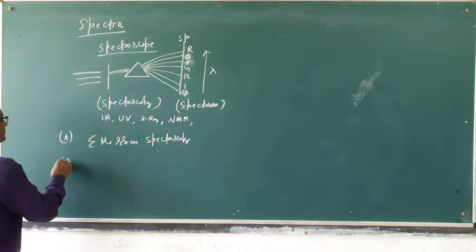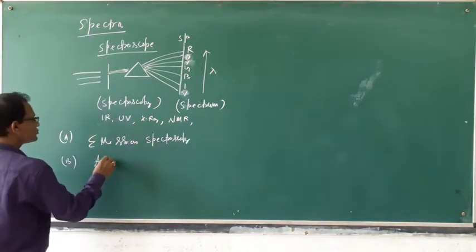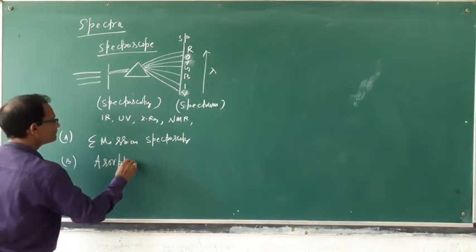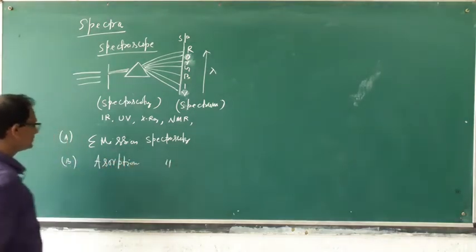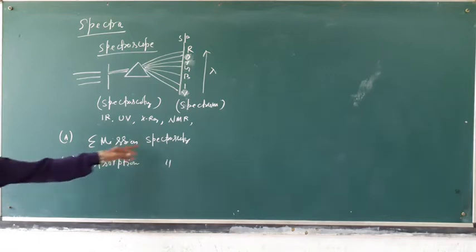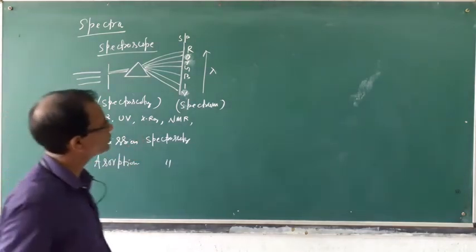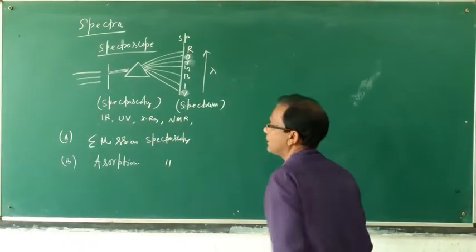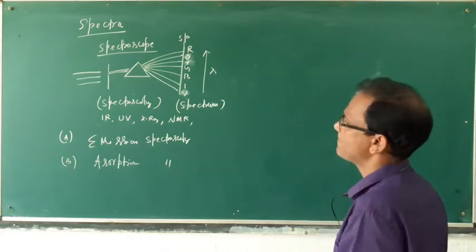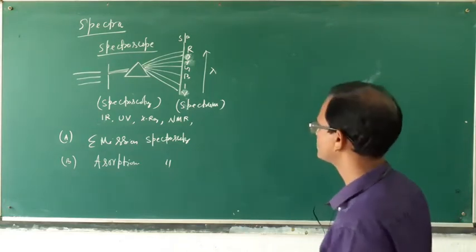Second one is absorption spectroscopy. There are two types, emission and absorption, and they have different characteristics.